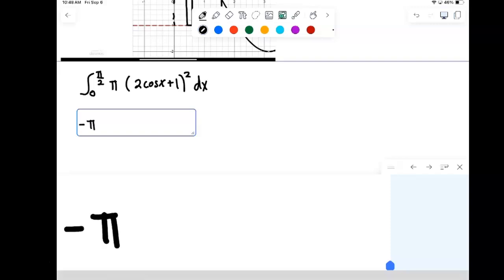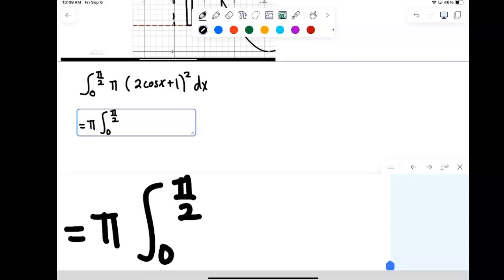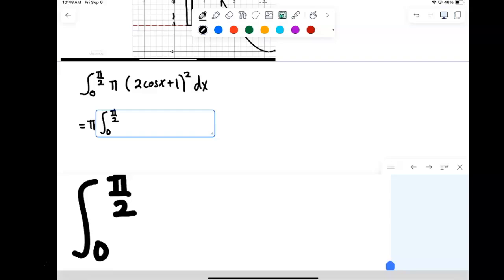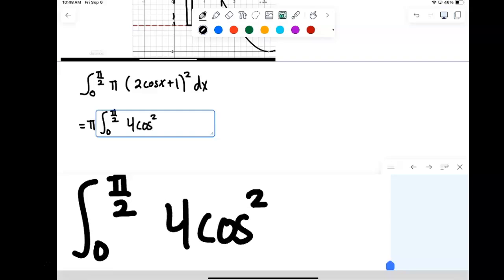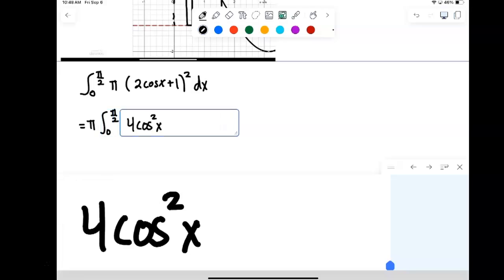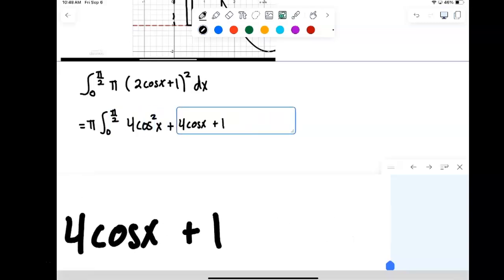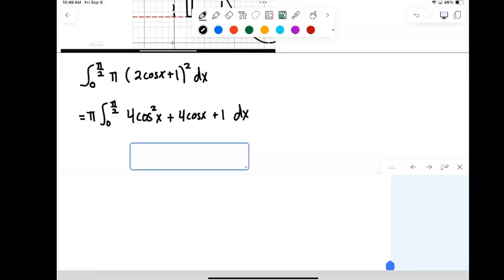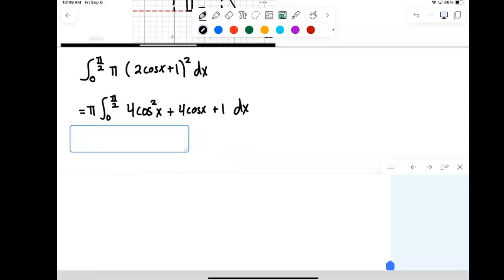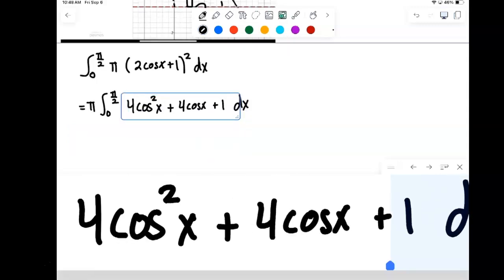So of course we can pull the pi out front, 0 to pi over 2, and then we need to square this. So that'll be 4 cosine squared plus 4 cosine x plus 1, and again that'll all be evaluated between 0 and pi over 2. Now, to work this integral out, we're going to have to deal with the 4 cosine squared.